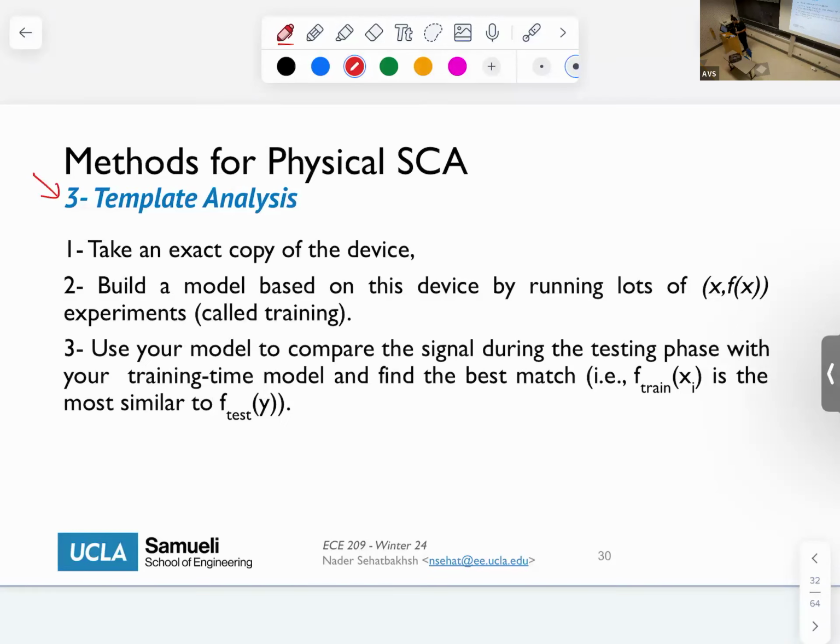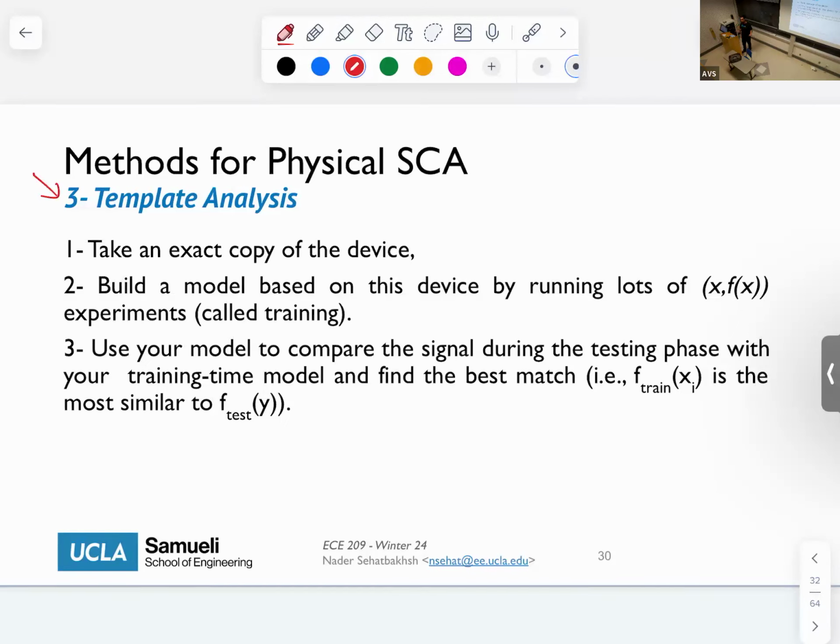So what we're going to do is take an exact copy of the device. Of course, there are slight physical differences between any two copies, which we're going to discuss later. But let's assume that instead of attacking the actual target device, I'm going to attack another similar device. What is the difference between these two? The owner of that similar device is me, so I can know what the key is, what the input is, and what the output is.